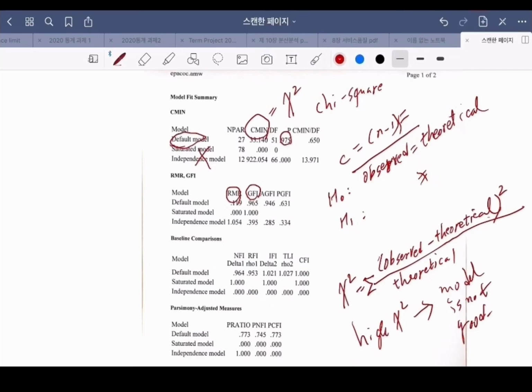In this case, since the p-value 0.975 is greater than alpha, that's good news. Why is that? Because you cannot reject the null hypothesis.